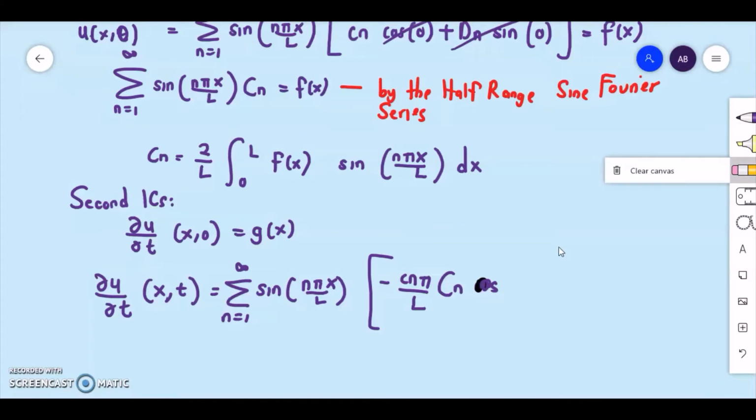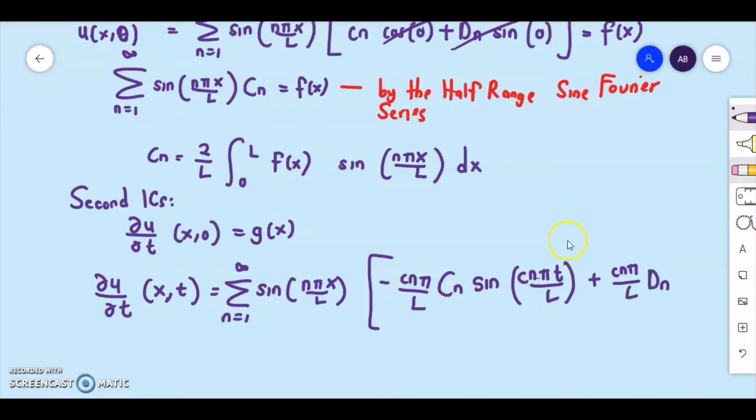Somehow my computer is running very slow, so bear with me. Sine(cnπt/L), and then we have plus cnπ/L d_n.